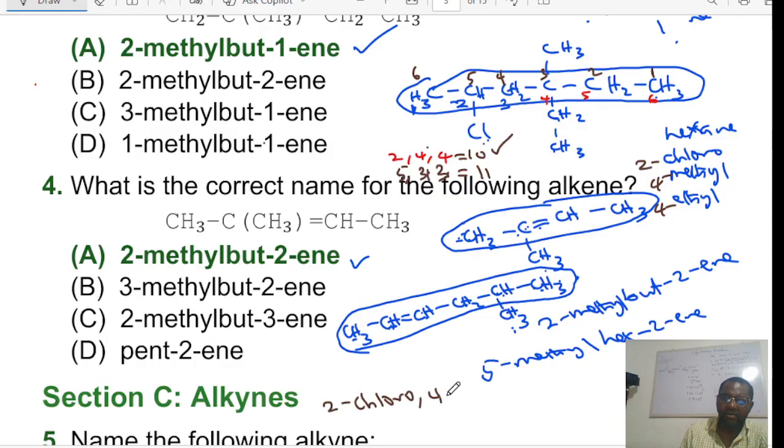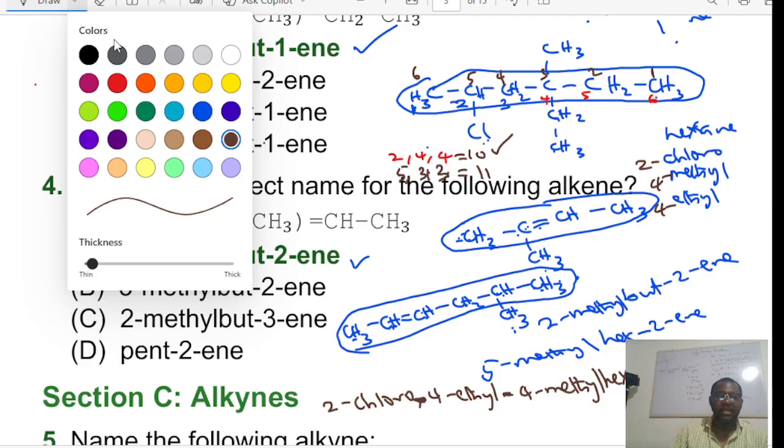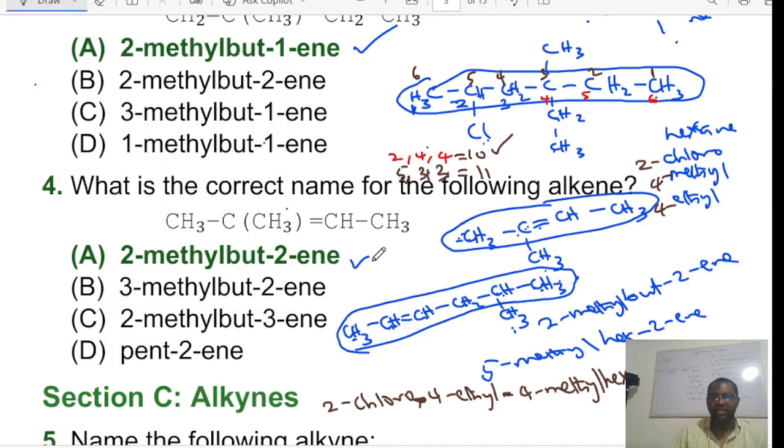Then we have 4-ethyl, then we have 4-methyl. Then we have hexane, which is the parent name. So you name the substituent, then the parent name. I really do hope that this makes sense.